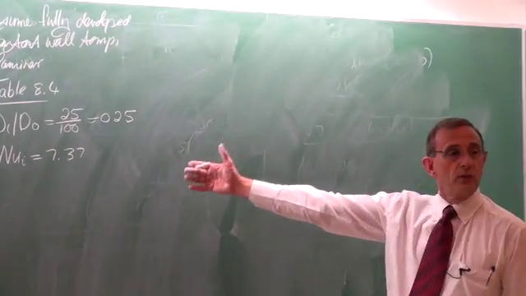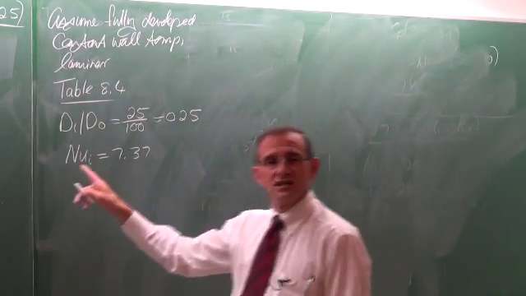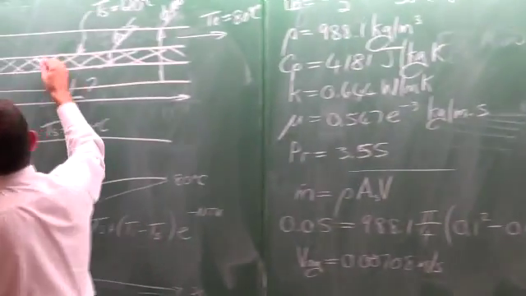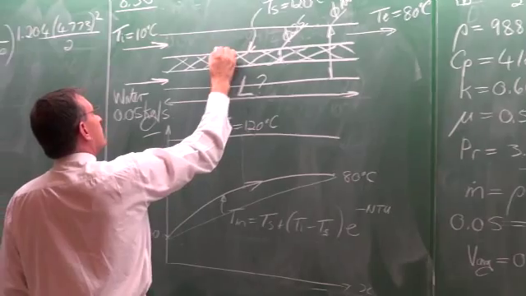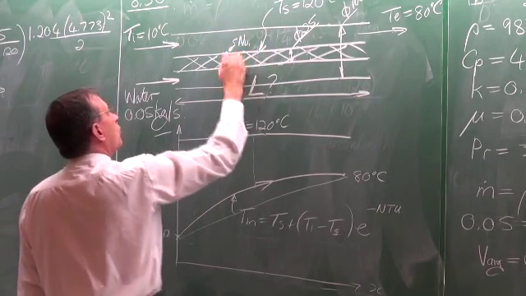It's a very small table. Take note, it means the Nusselt number if the heating is on this wall here. So this is the Nusselt number on that wall.